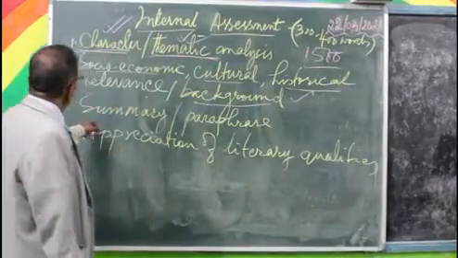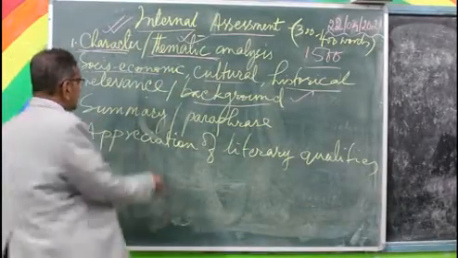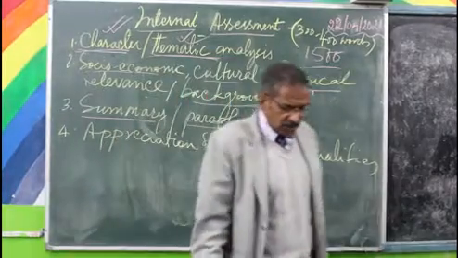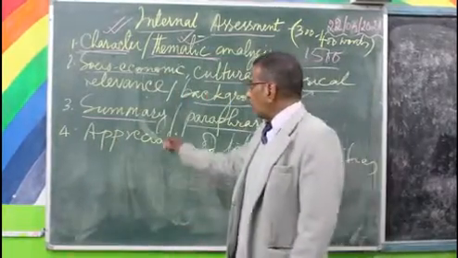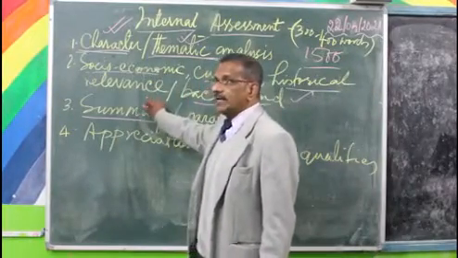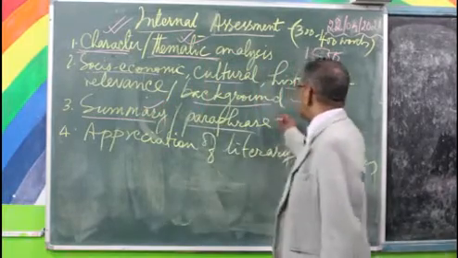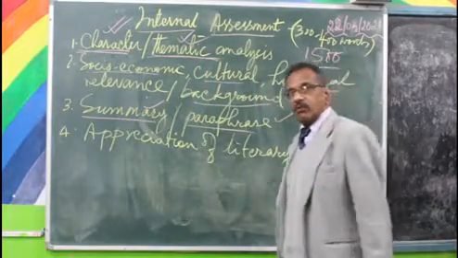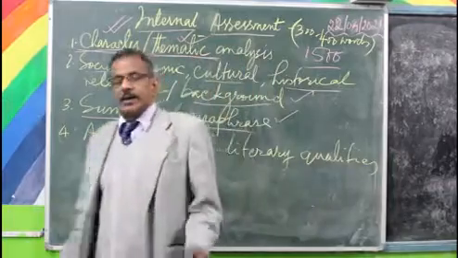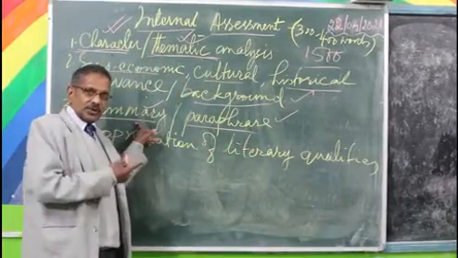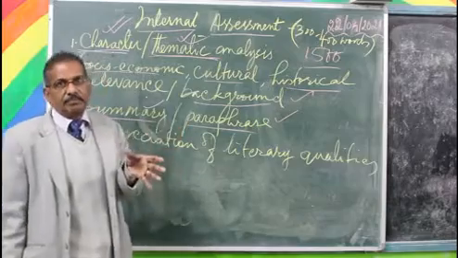Okay. Moving on to the next, it's a simpler one still. So you can move forward to write out the summary of a story or paraphrase of a poem. Okay? The summary. You summarize the story. The story is long.